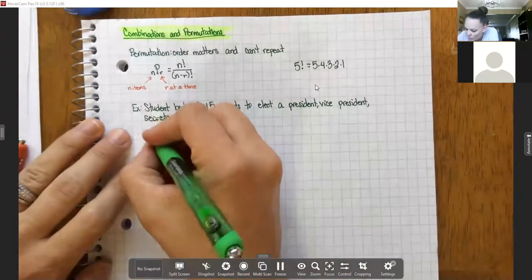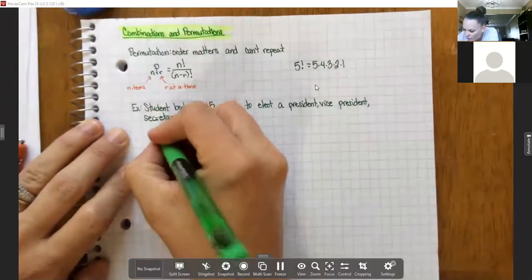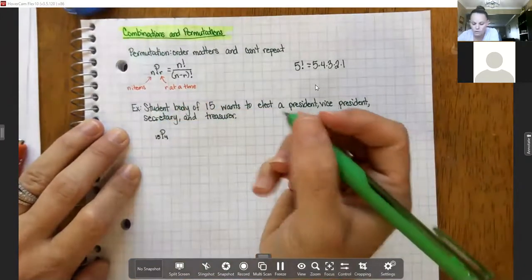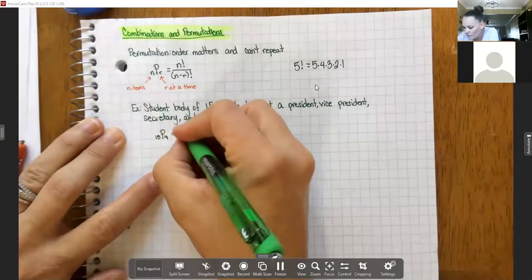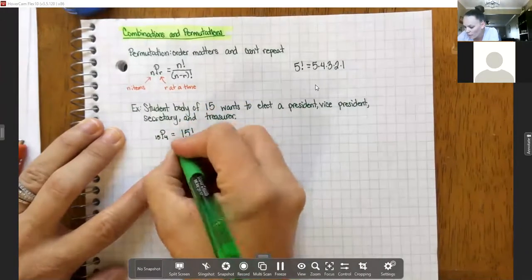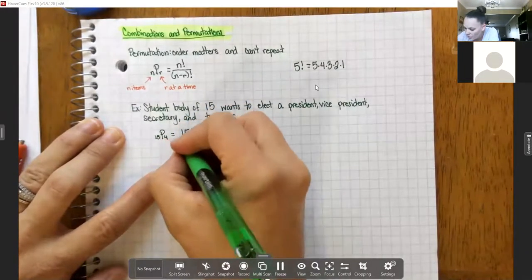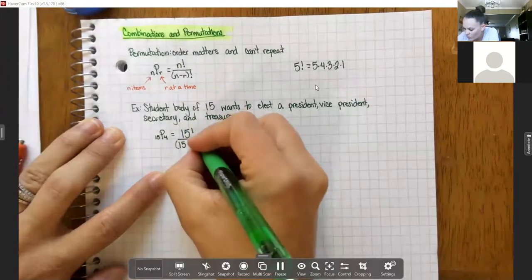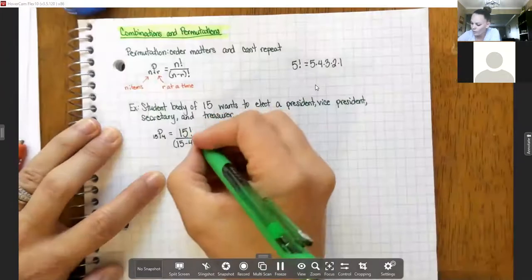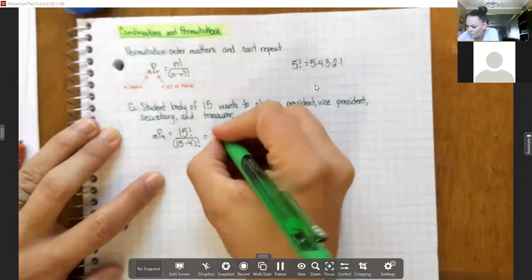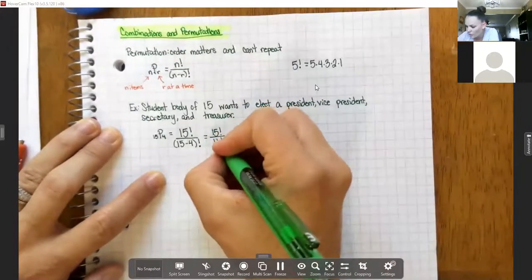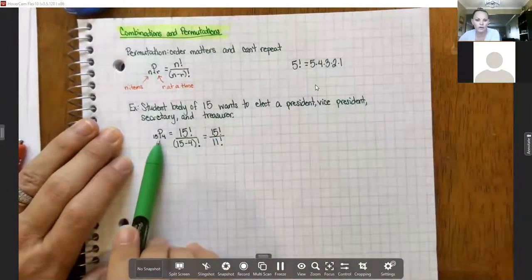So this problem would be 15P4, which means 15 factorial divided by 15 minus 4 factorial. So that's 15 factorial divided by 11 factorial. Yes, your calculator has a button that'll do this for you.